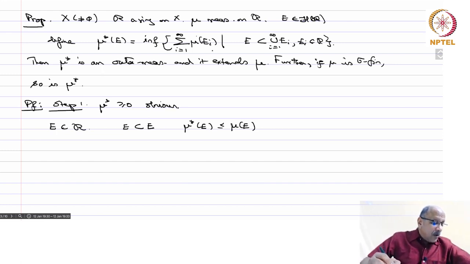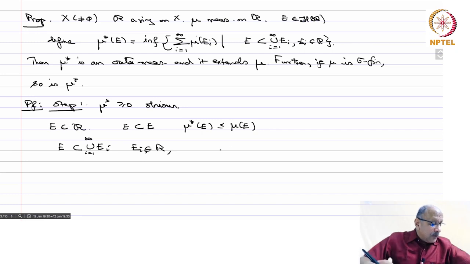Okay, so now on the other hand, if you are given E covered by the union of E_i, i equals 1 to infinity, with E_i in R, then what do you know? We know that mu of E, by subadditivity of a measure, is less than or equal to the sum over i equals 1 to infinity of mu of E_i.